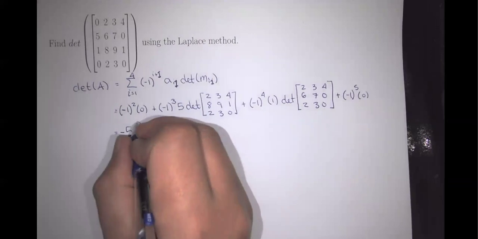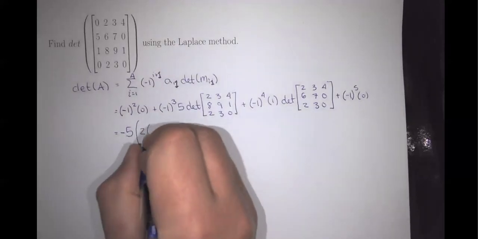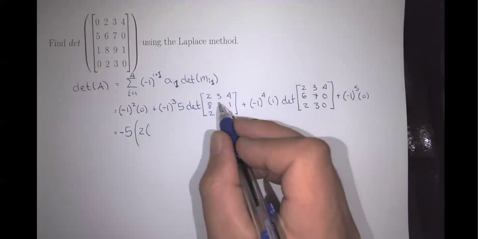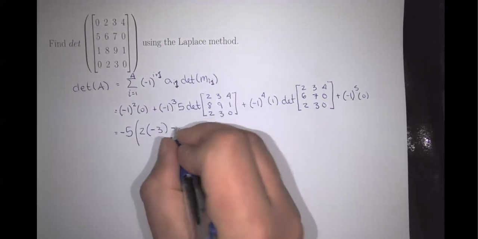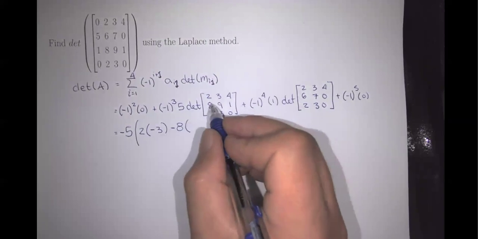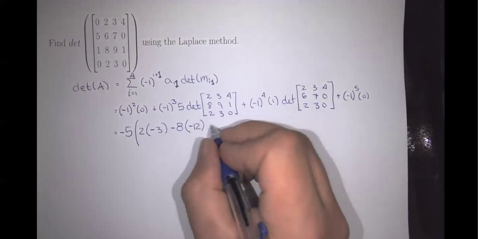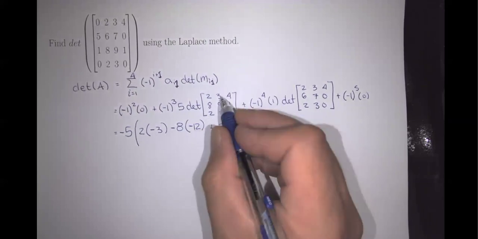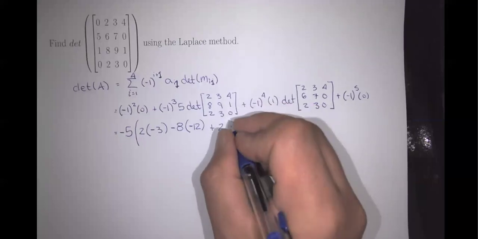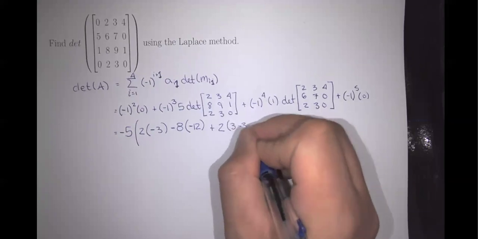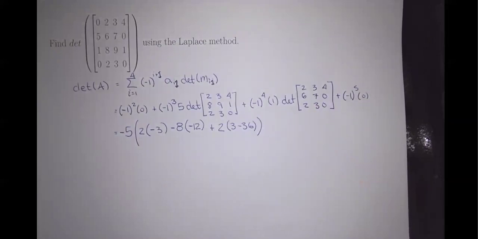And this determinant is going to be 2 times 0 minus 3, minus 8 times 0 minus 12, plus 2, 3 minus 36. Okay, so that's the first term.